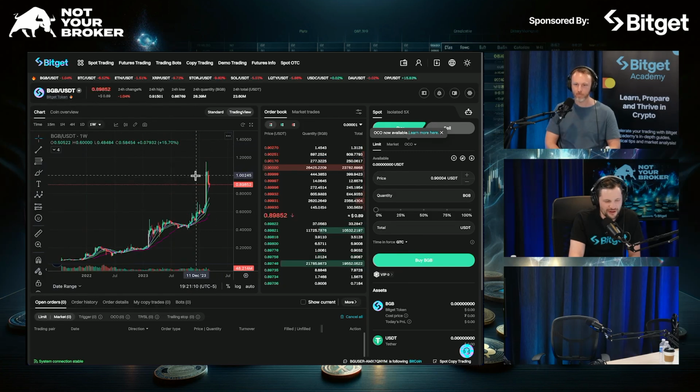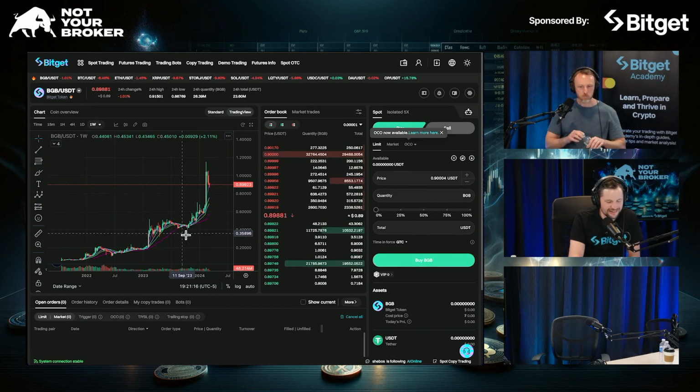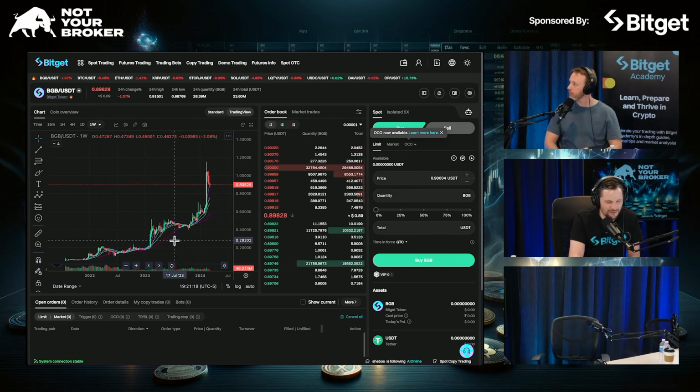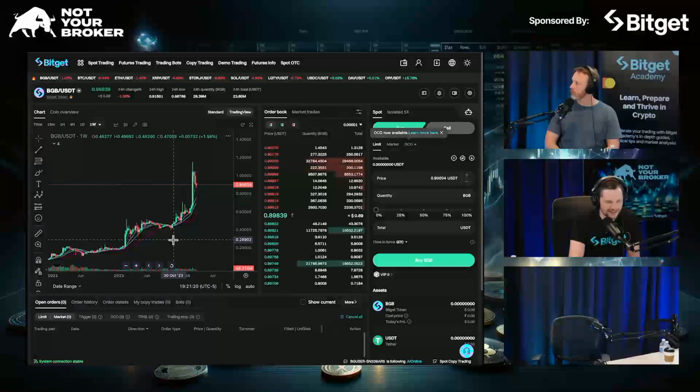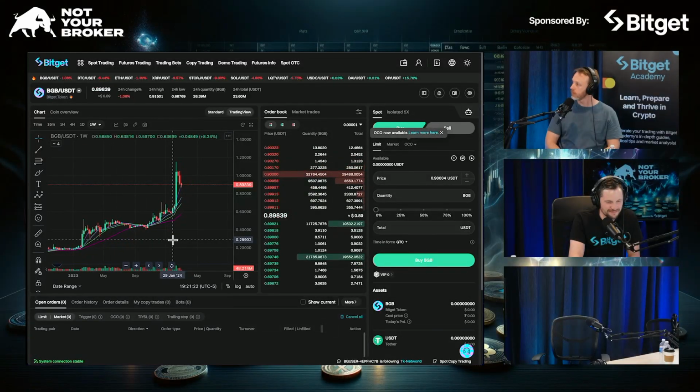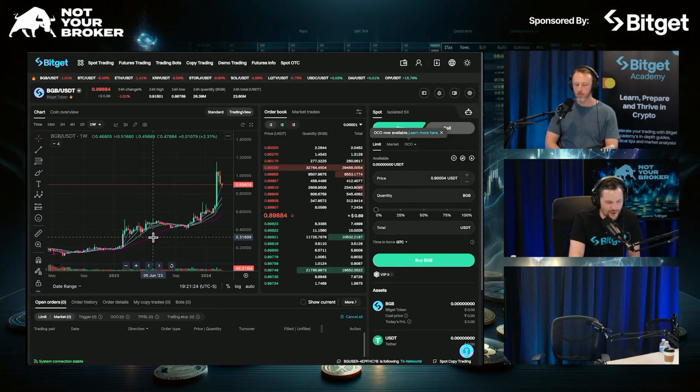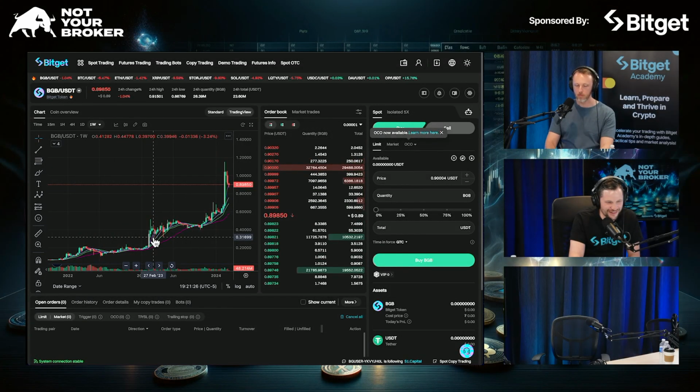Yeah, and we also want to shout out Bitget here as well. So I've been looking at this chart. I'm not gonna lie, I wish I had some BGB tokens, but this has performed insanely well. I'm looking at this and thinking this is really pretty crazy.